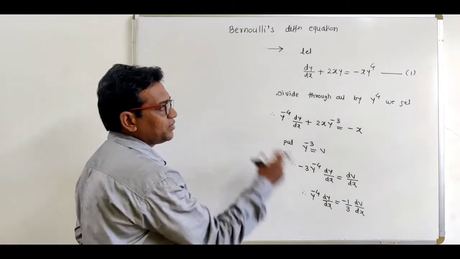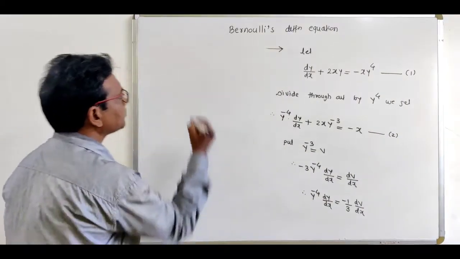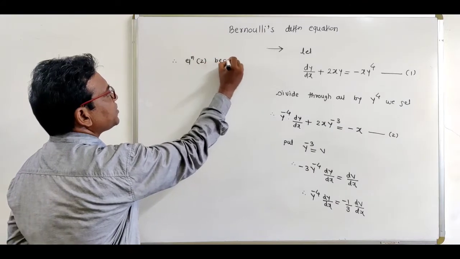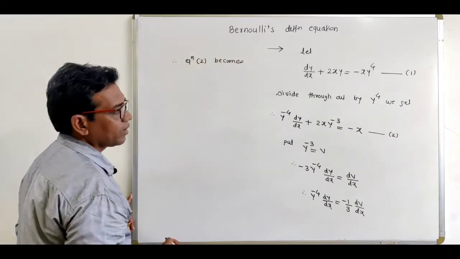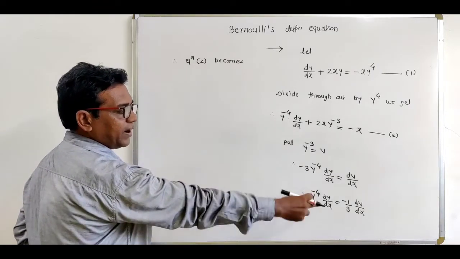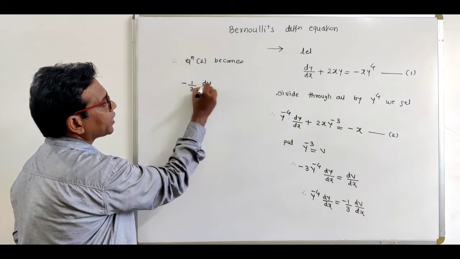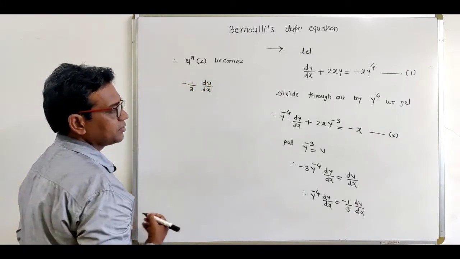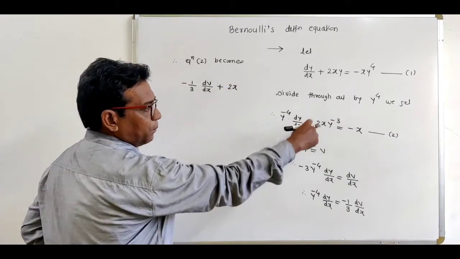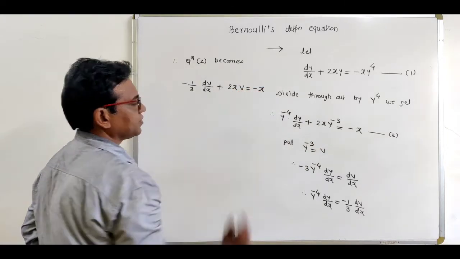So let us put these values in equation number 2. Equation 2 becomes: y raised to minus 4 into dy by dx, put this value, minus 1 upon 3 into dv by dx, plus 2x, put y raised to minus 3 is equal to v, is equal to minus x.